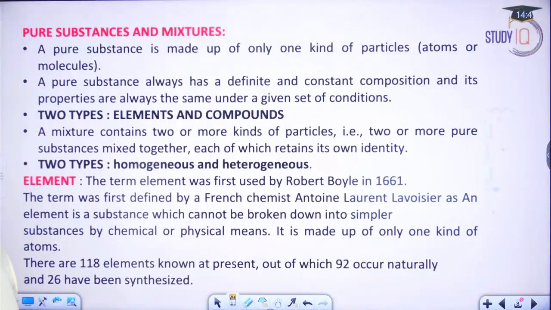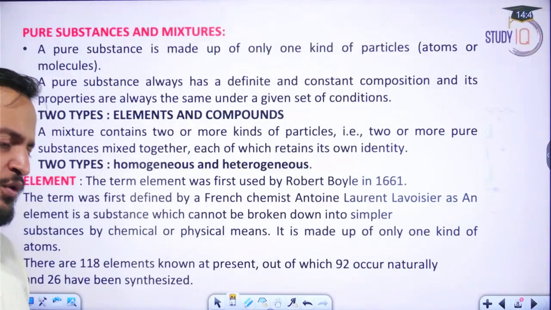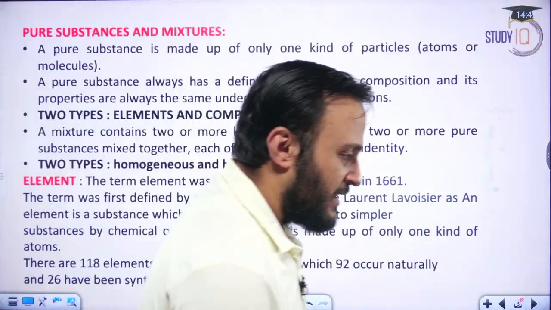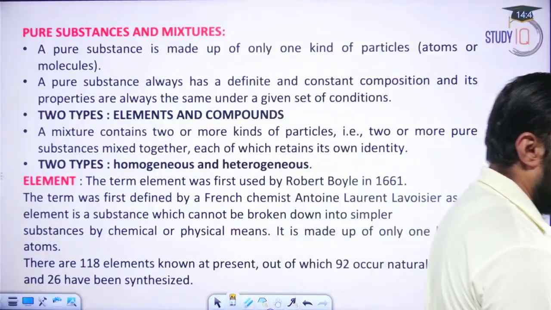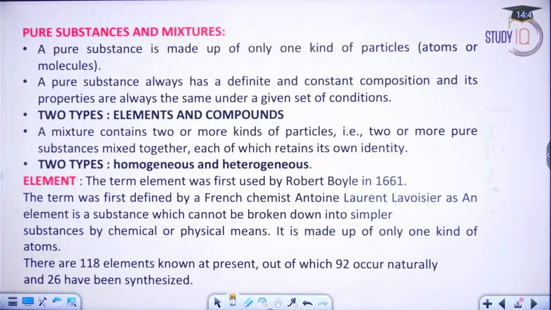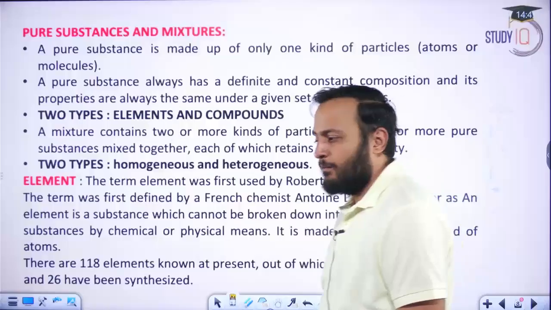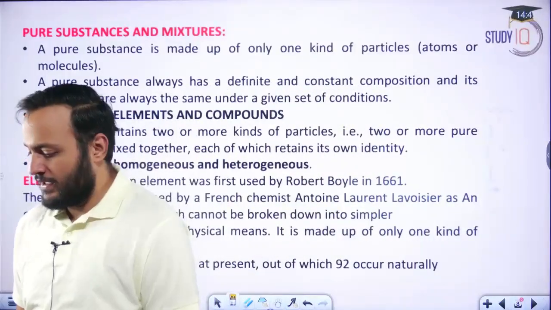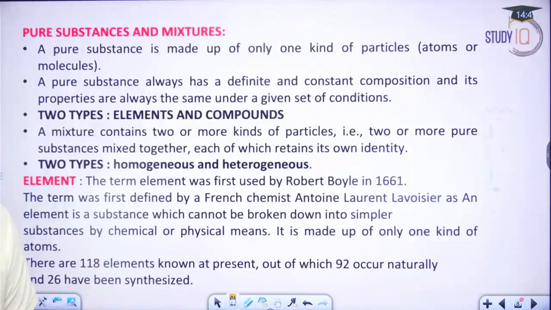So if the source is not specified, is the water pure? Usually it is regarded as pure because it is assumed that water is not polluted. If the source is specified, it means they are expecting polluted water or some special kind of water like sea water, etc. Otherwise, in general, pure water is a pure substance.